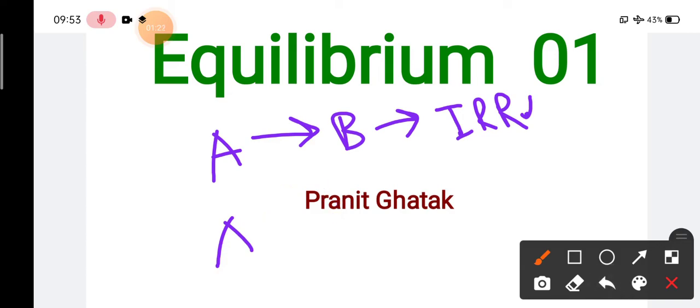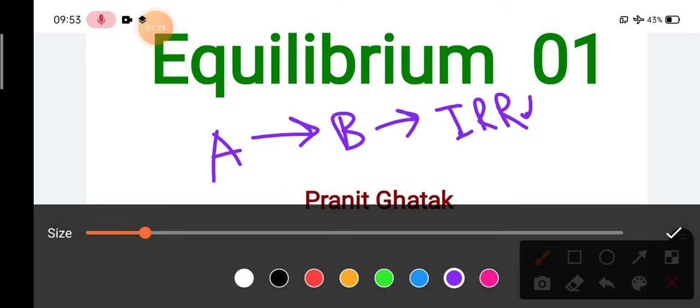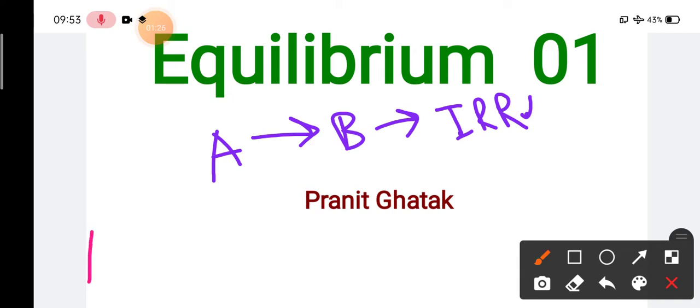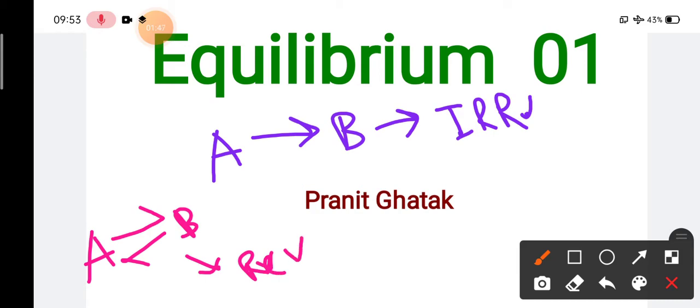If we take a reaction where A is converting to B and B is also converting to A, so from A to B and B to A, both sides are open. So this reaction goes forward as well as backward. This reaction is called a reversible reaction.